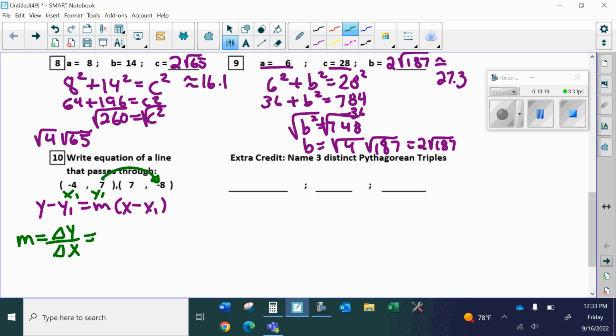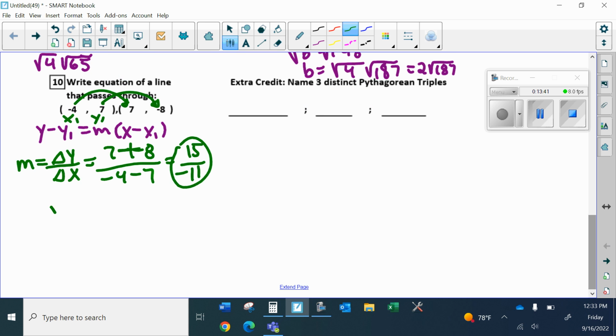7. Draw your arrow in which direction you're going. 7 minus negative 8 over negative 4 minus 7, so I have 15 over negative 11. So there's my slope. Fill it into the M. Fill in the X sub 1 and Y sub 1 and you're done. That's simple. Y minus 7 equals negative 15 11ths times X minus negative 4, which makes it plus 4.